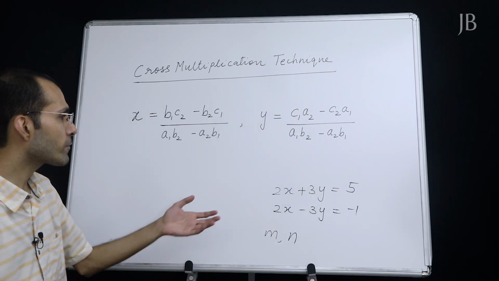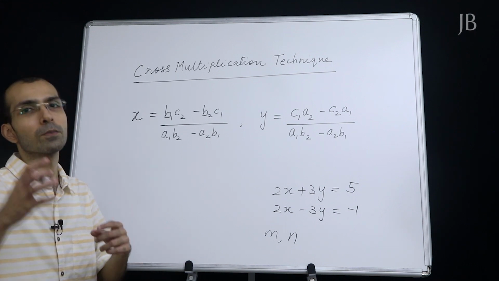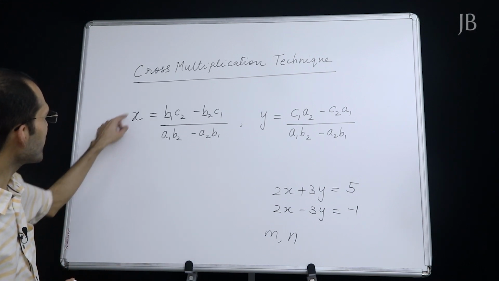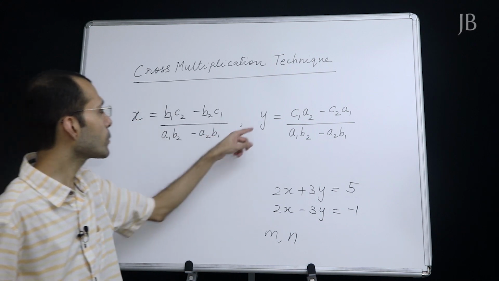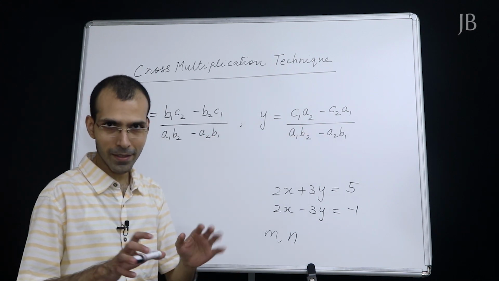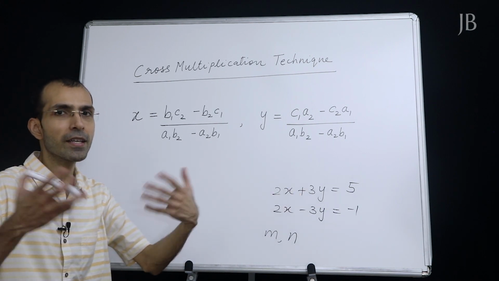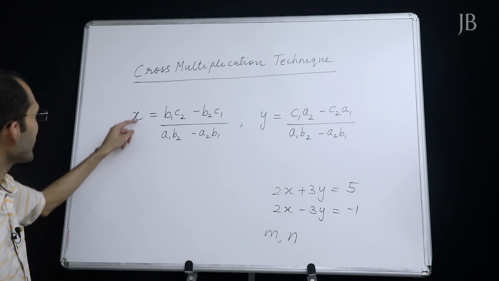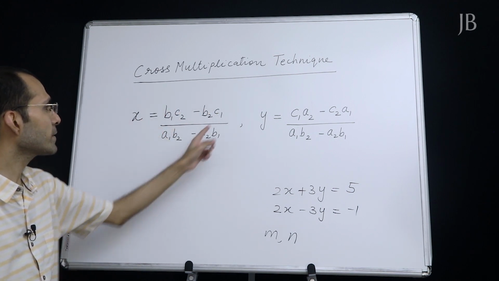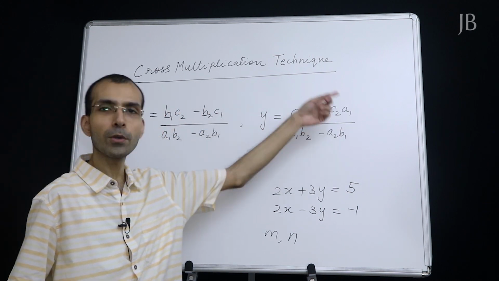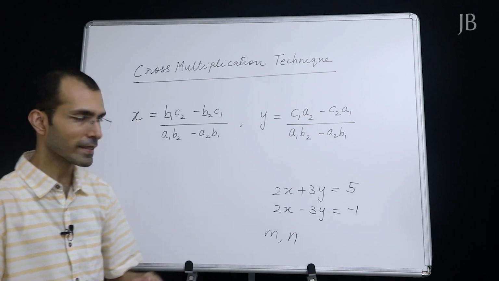If the equation is framed in p and q, then p will equal this and q will equal this. Got it? Okay. If the equation is framed in A and B, where A and B are the unknowns, then A is equaling this and the second root B is equaling this. So hope this is clear.